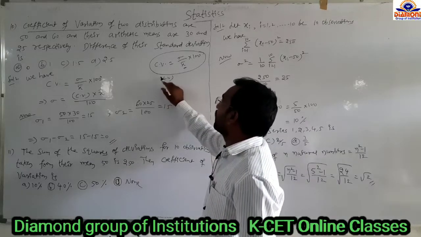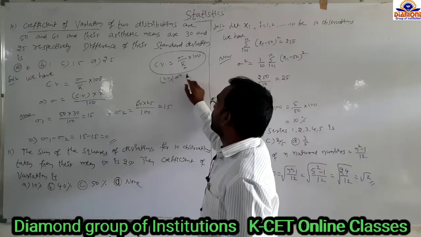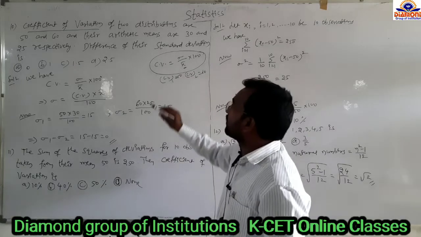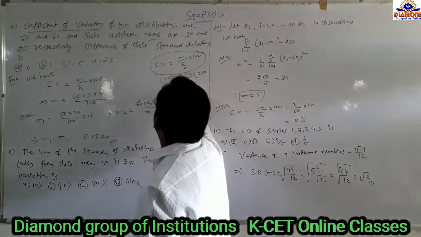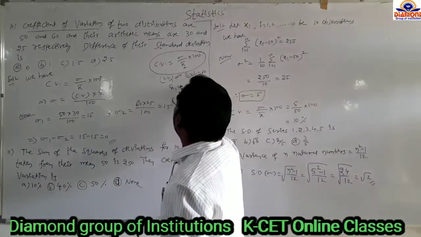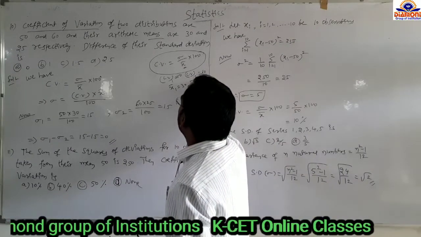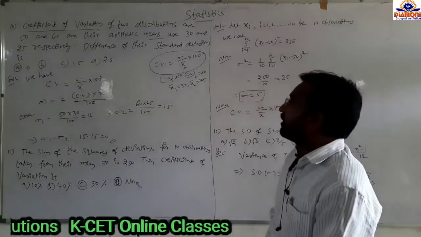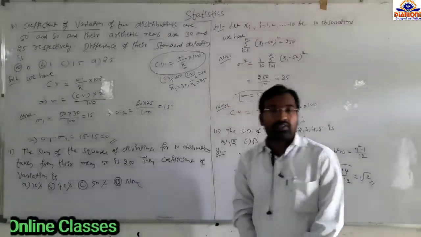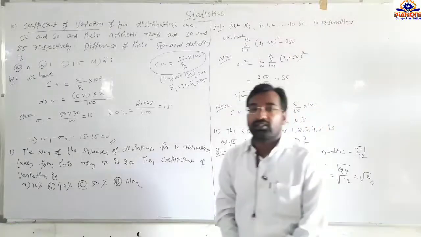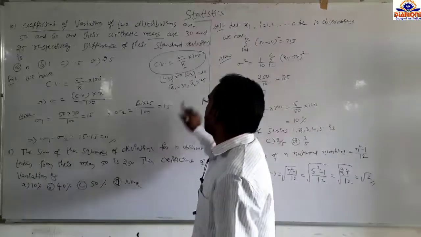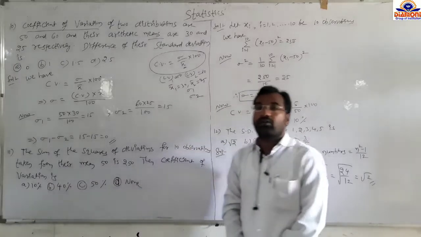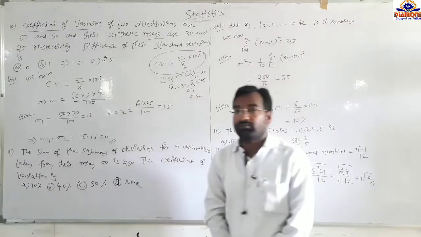CV of 1 is 50, CV of 2 equals 60, and their arithmetic means are x1 bar equals 30 and x2 bar equals 25. We need the difference of their standard deviations. Suppose the first distribution's standard deviation is sigma 1 and the second is sigma 2. You have to find sigma 1 minus sigma 2.